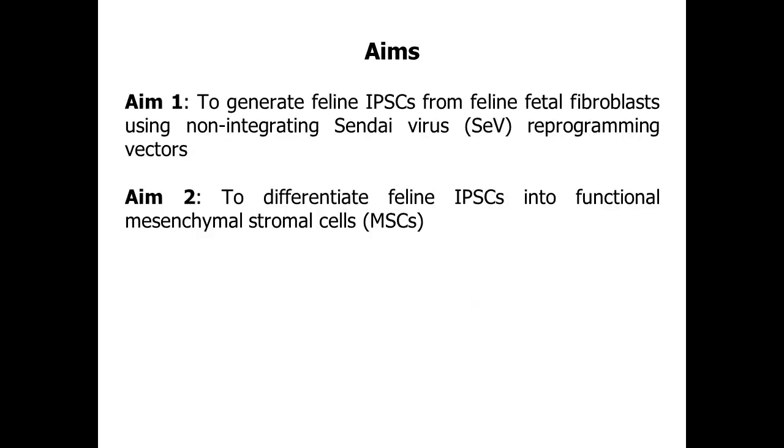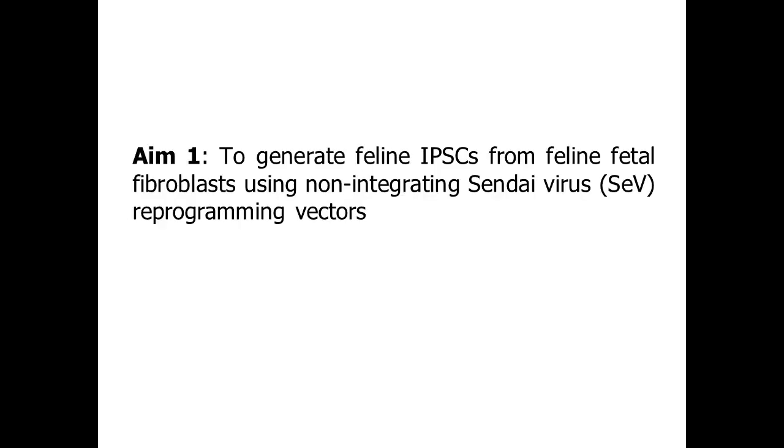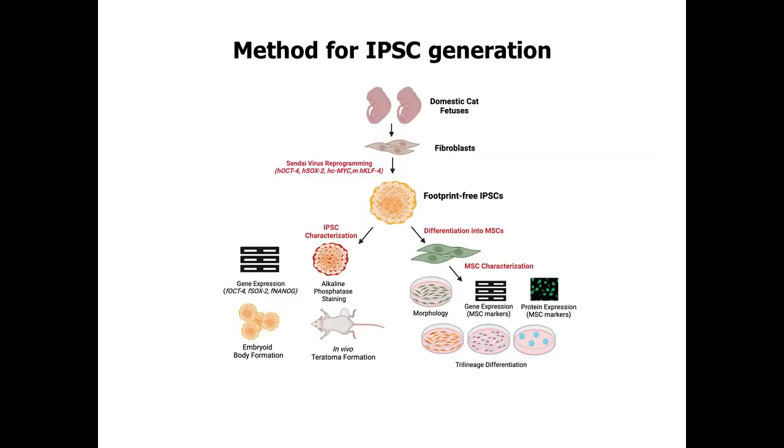So my study has two aims. First is to generate these iPSCs from feline fetal fibroblasts using Sendai virus vectors, and to differentiate these iPSCs into functional mesenchymal stromal cells. So talking about aim 1, these are my material and method for both the aims. We used fetal fibroblasts from cat fetuses, and we reprogrammed these fetal fibroblasts using Sendai virus vectors.